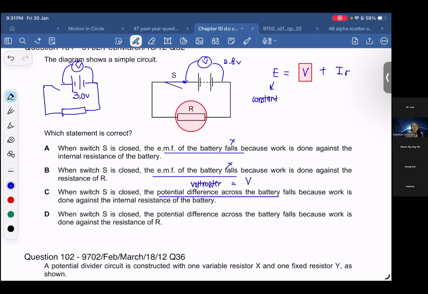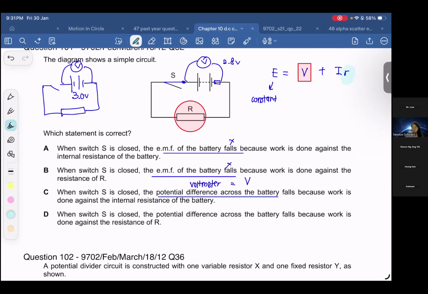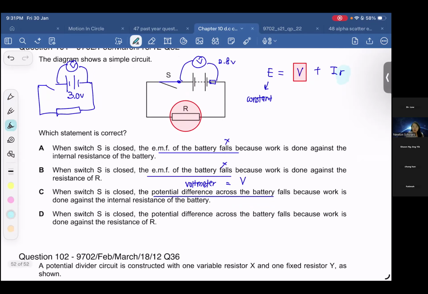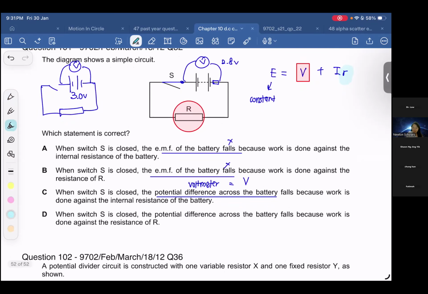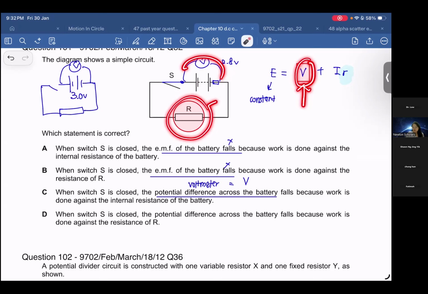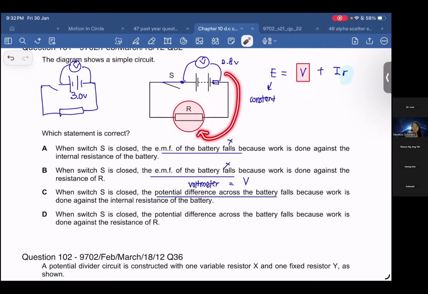Why? Because there is internal resistance inside the battery. There is internal resistance, so this one is small r. The voltmeter reading is no longer 3.0 volt because right now it is measuring the potential difference across the external circuit. So after you close the switch, your voltmeter reading is measuring the voltage at the external circuit.